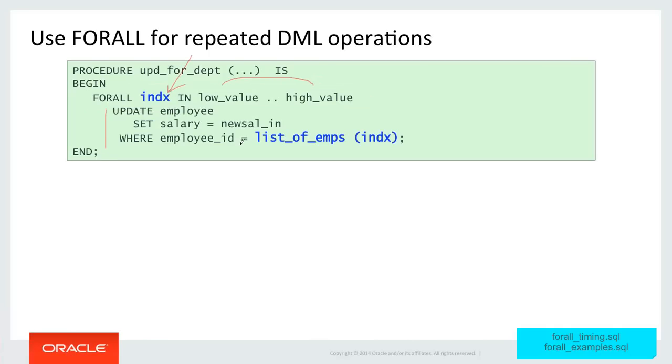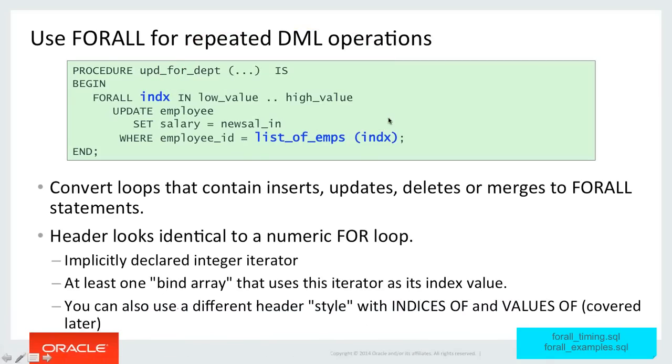And at least in one place in that DML statement, I have to reference a bind array and that iterator as its index value. So that's the pattern that the PL/SQL engine will look for to say, aha, I know what you mean. You want me to generate all those statements, pass them over to the SQL engine, all that kind of stuff. This is what does it for you. All you've got to do is have the reference to one or more bind variables, and then using the iterator as the index value.